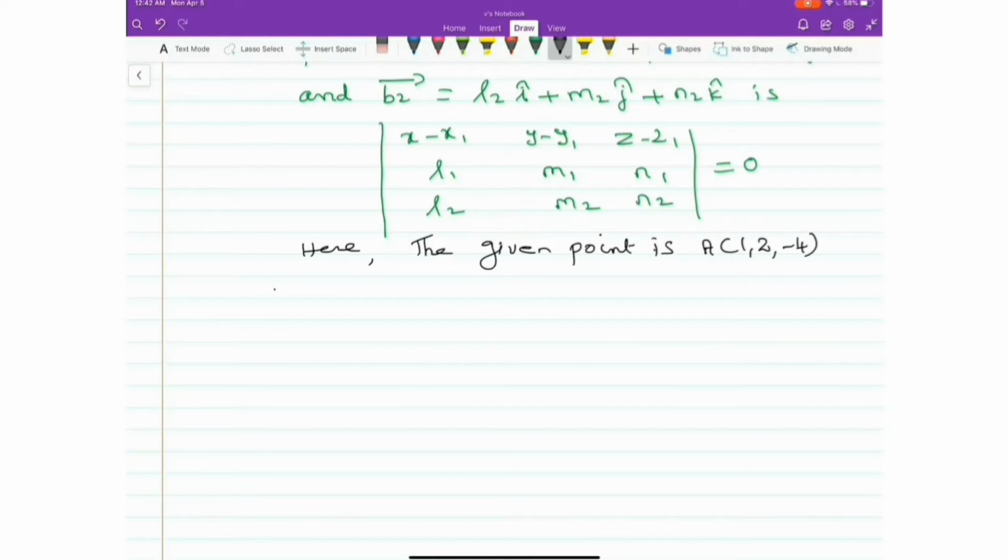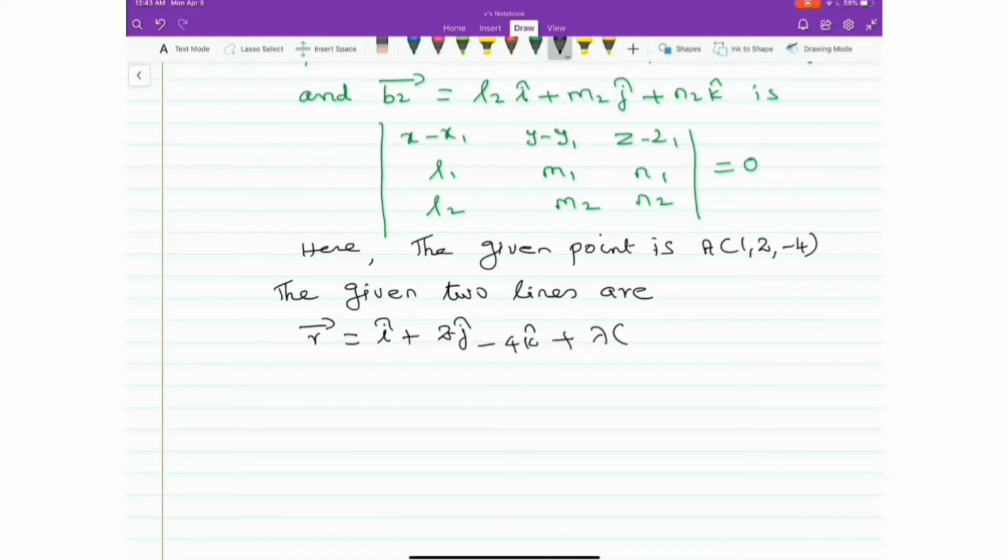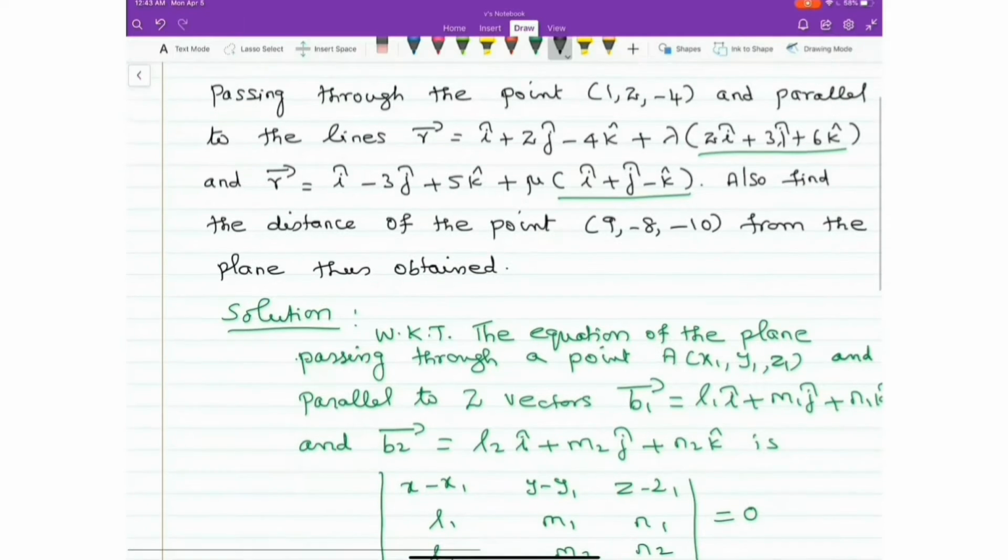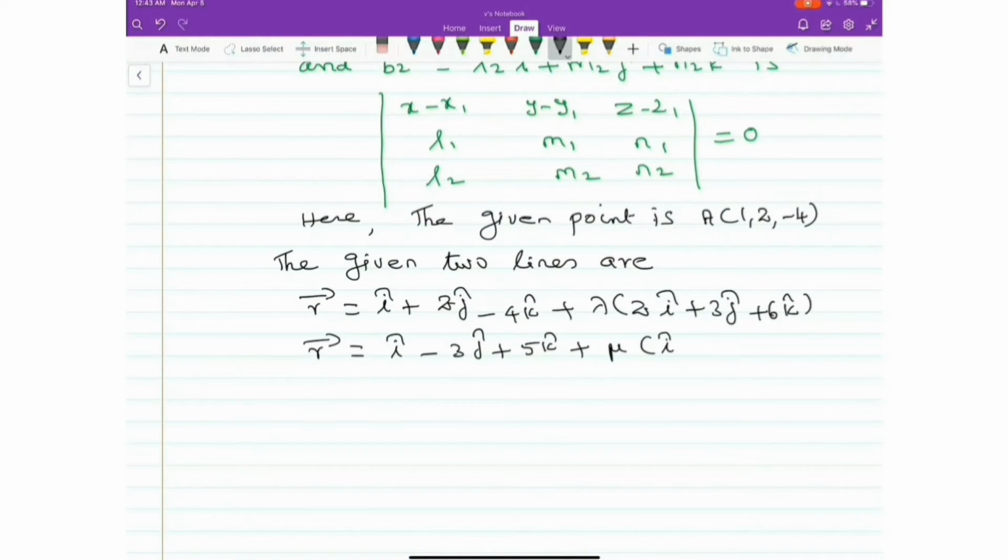Then the given two lines are vector r equal to i cap plus 2 j cap minus 4 k cap plus lambda times (2 i cap plus 3 j cap plus 6 k cap), and vector r equal to i cap minus 3 j cap plus 5 k cap plus mu times (i cap plus j cap minus k cap).